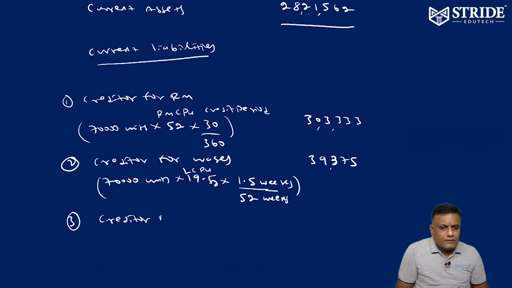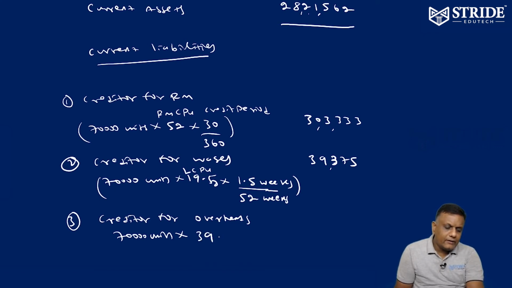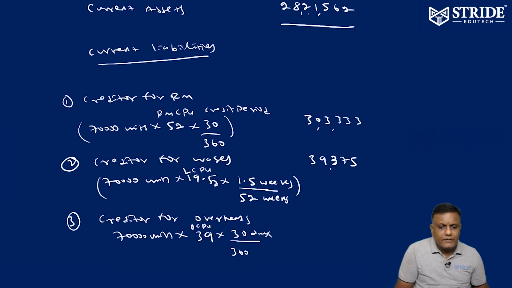Number three, creditor for overheads. So 70,000 units into 39 overhead cost per unit into 30 days by 360 days, because overhead lags 1 month, 30 days by 360 days, or 1 by 12 we can put.